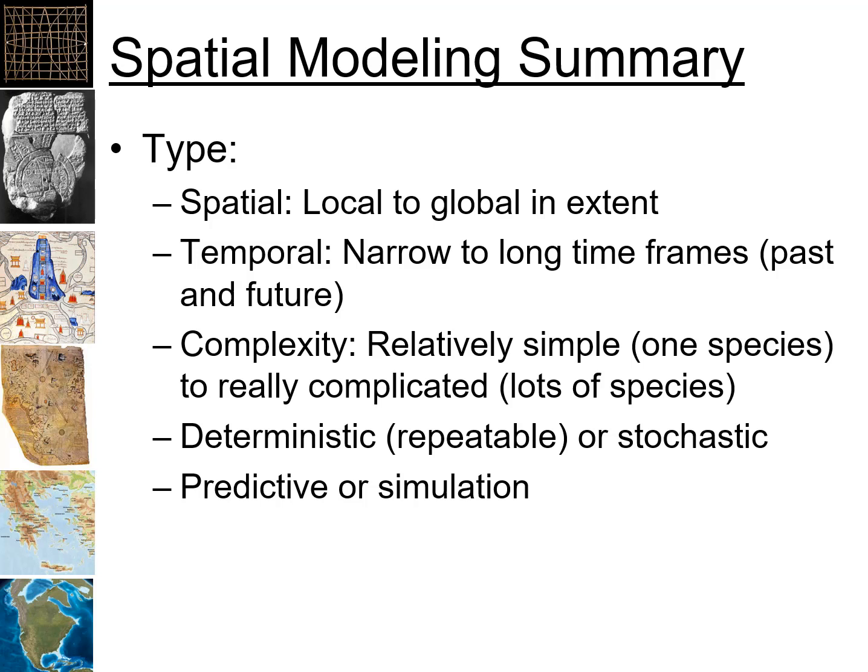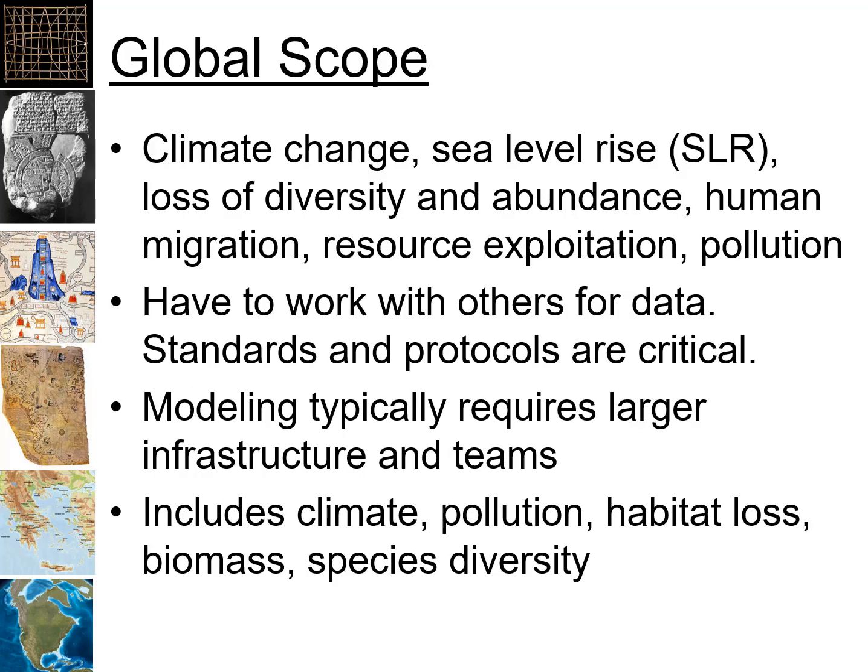Complexity could be relatively simple, like a habitat model for one species using Maxent, to really complicated where you're considering lots of species, interactions, life stages, trophic levels, all kinds of things. Can be deterministic, which really means repeatable, or stochastic, that it has some random component to it. Could be predictive or simulation. Most of what we've done is predictive, but we did a little bit of simulation there at the end.